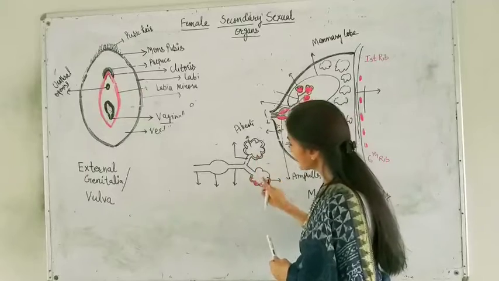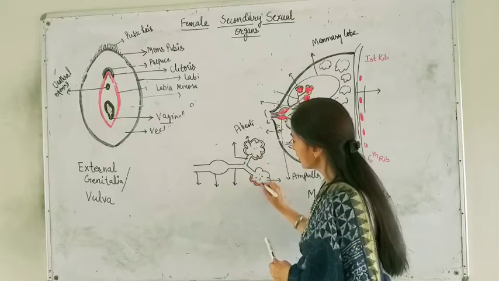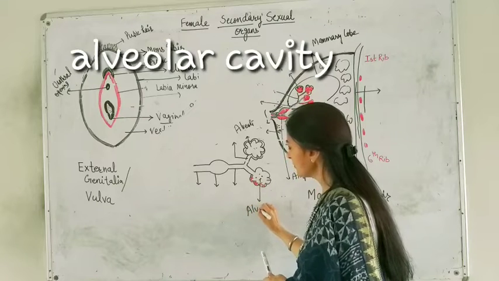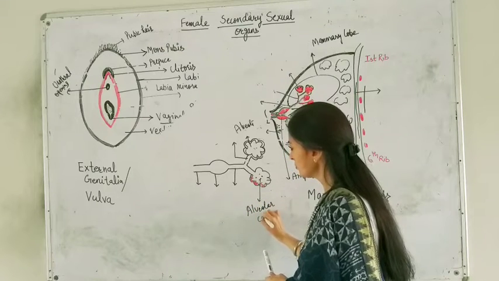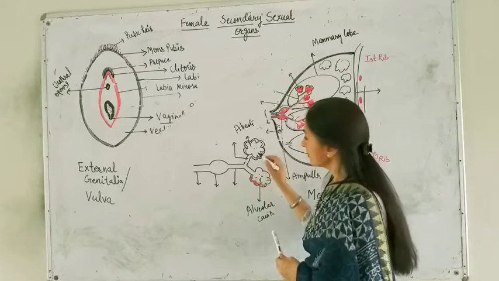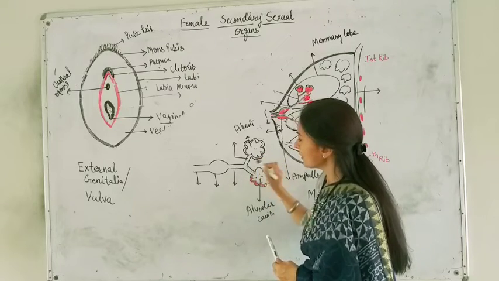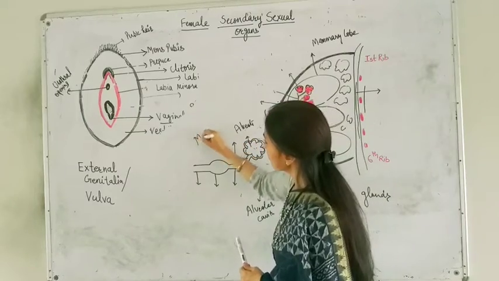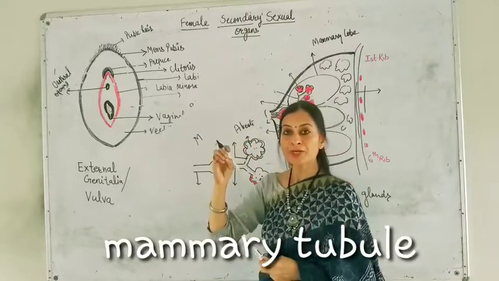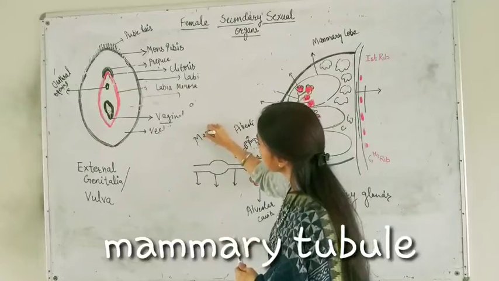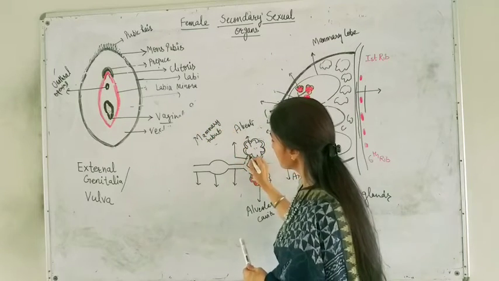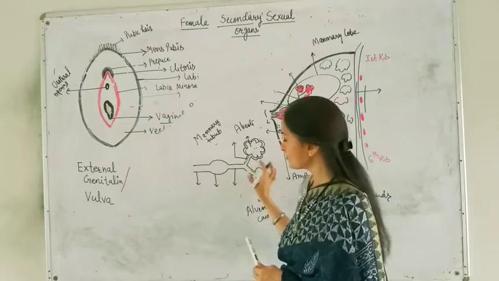This is the space that I have shown here, known as the alveolar cavity. It opens into a tubular structure, the mammary tubule. So this is the mammary tubule from each group of cells.